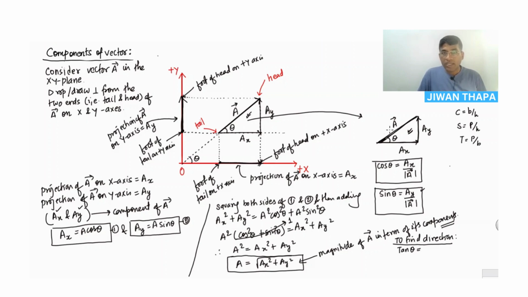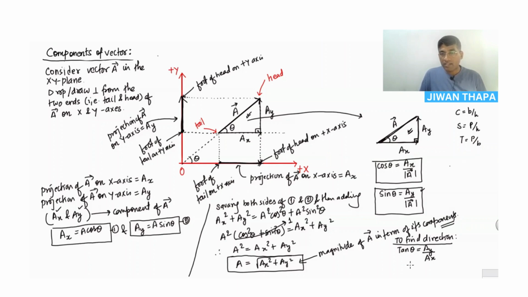The perpendicular is AY and the base is AX, as we see from this diagram also. So tan theta equals AY by AX.